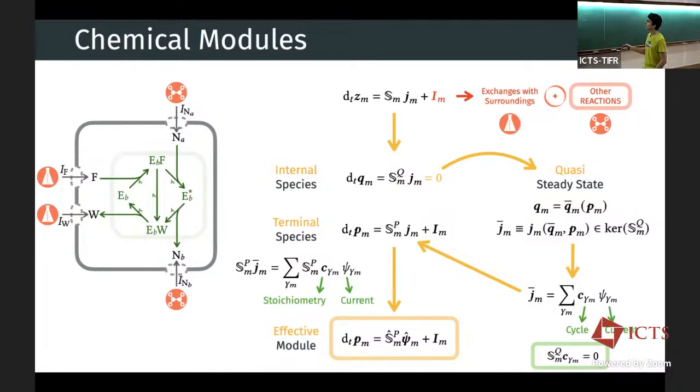Now, if I evaluate the current, it depends on the terminal species, on the steady state of the internal species, which is a function of the terminal species only. I express this current in terms of vectors, and the coefficients must be a function of the terminal species, because the current of the elementary reaction is a function of the terminal species only.